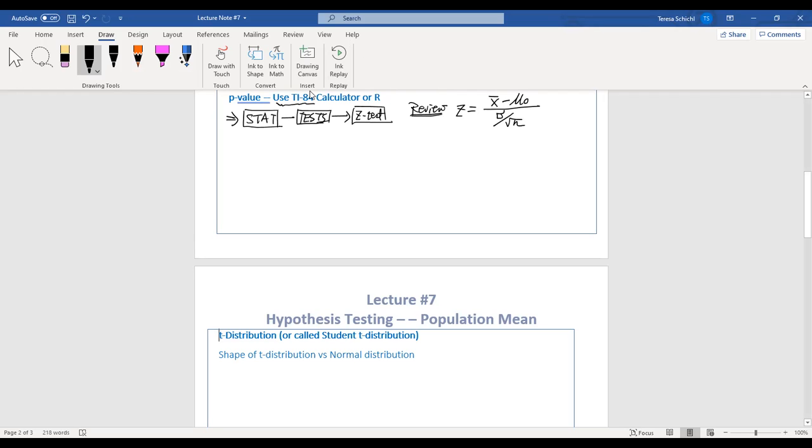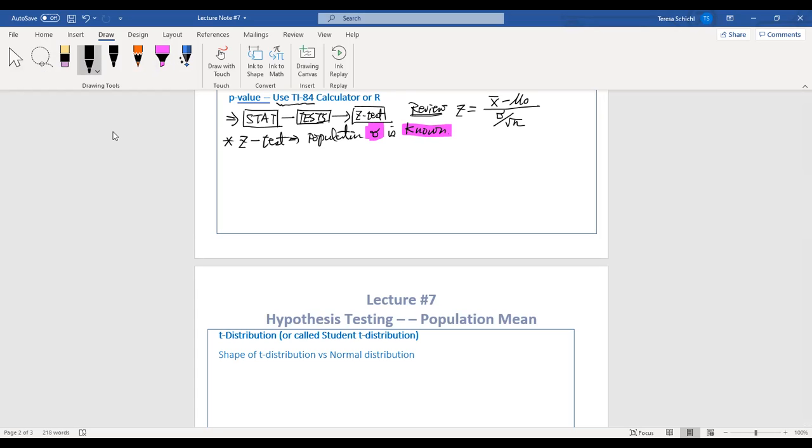For the z-test, one big underlying assumption is that the population sigma is known, or is given. So if the problem gives you the population sigma, then we can use the z-test.